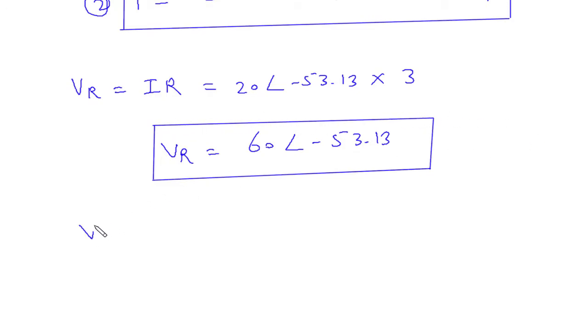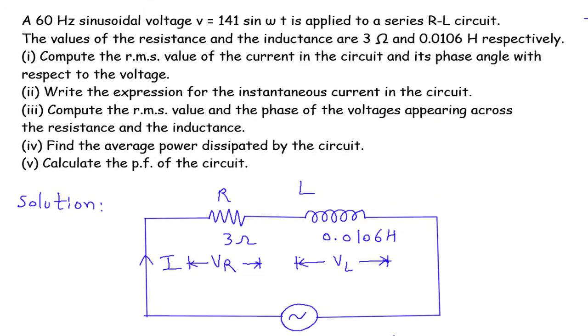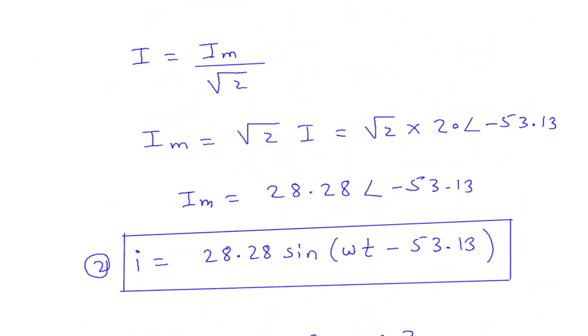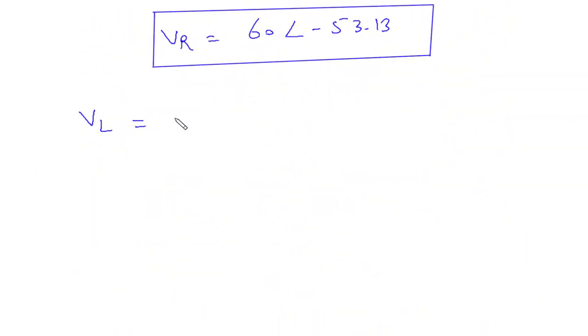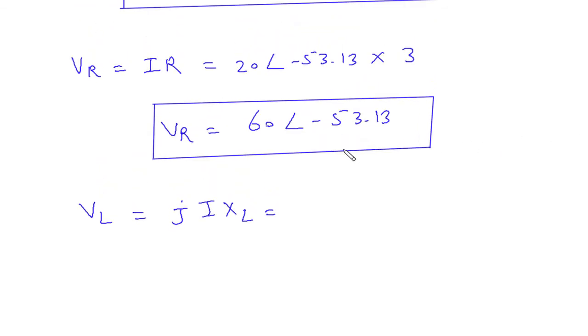Then next we have to find VL. VL is equal to I into jXL. I is again 20 at an angle of minus 53.13, into XL.